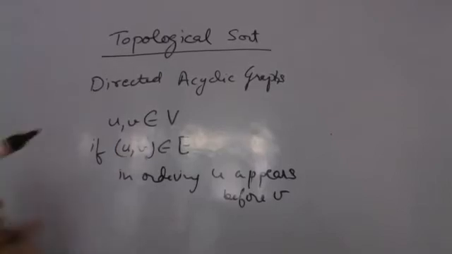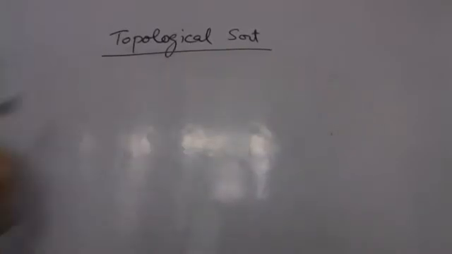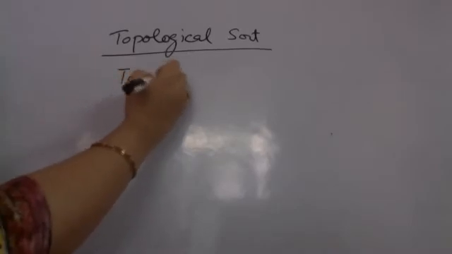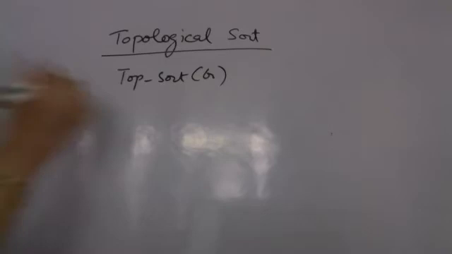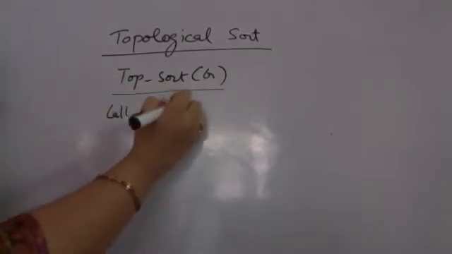It's very simple. To achieve topological sort using a DFS algorithm, supposedly I'm having some topological sorting algorithm on the graph G. In this algorithm, I need to call DFS on my graph.